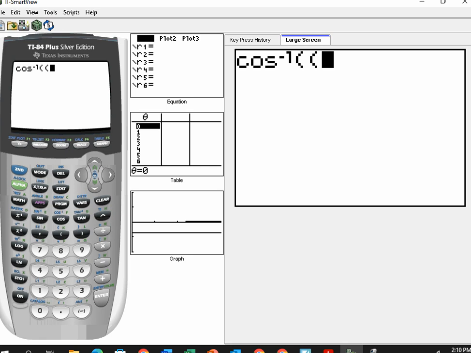So I am going to put in the B squared minus A squared minus C squared, all of that. If you have to use parentheses, you need an extra parentheses set around your numerator. So let's do 11 squared. Okay, then it's minus A squared, right? Well, A we stored, so I can just do alpha A and then squared. And then minus, was it 18 was my other side?